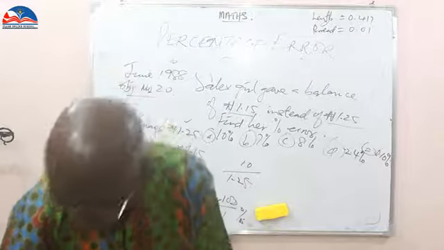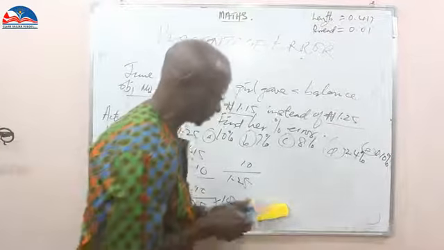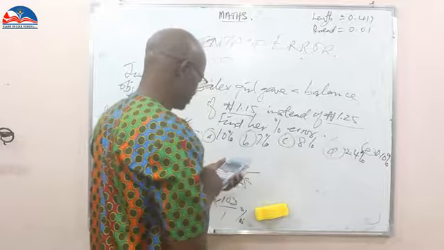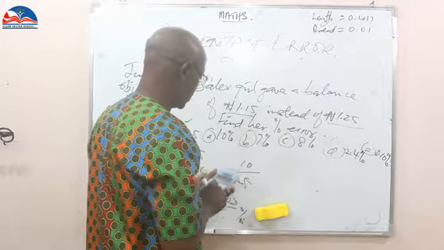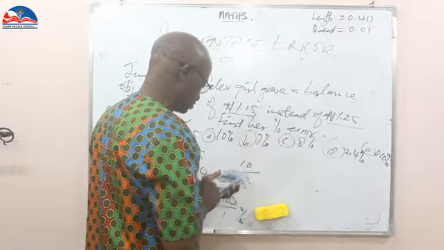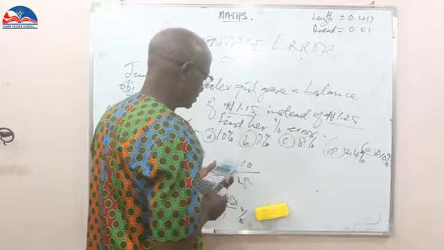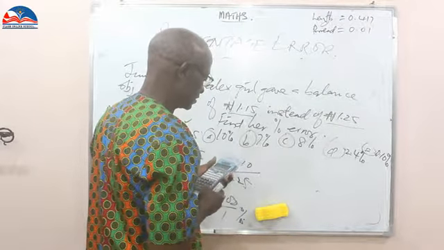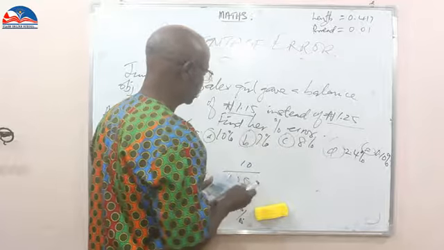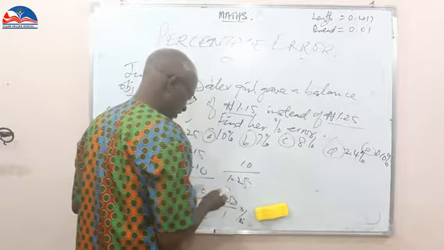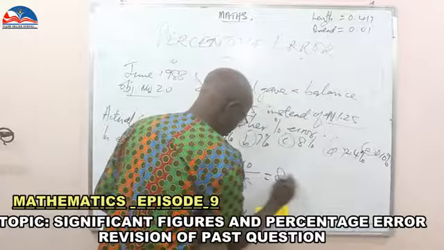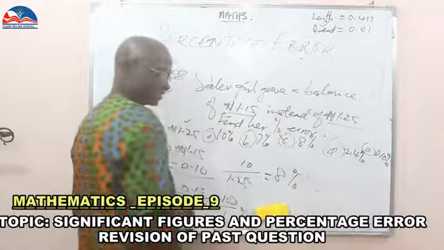Let's use the calculator quickly. 10 divided by 1.25 says 8. The answer is 8, and 8 is option C.